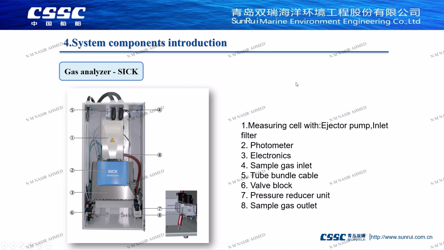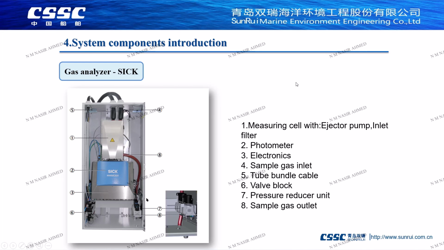The fourth part is some sampling pipelines. The fifth part is some sensor signals, including the probe temperature sensor, the temperature sensor above the sampling probe, etc. The sixth part is some solenoid valves, used to switch between the compressed air line and the sample gas line.